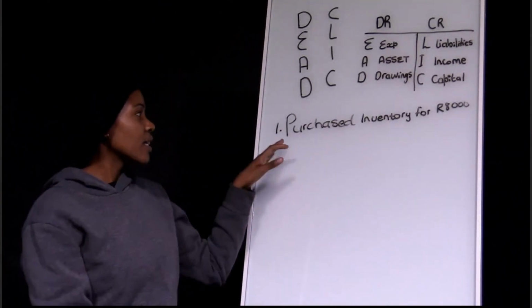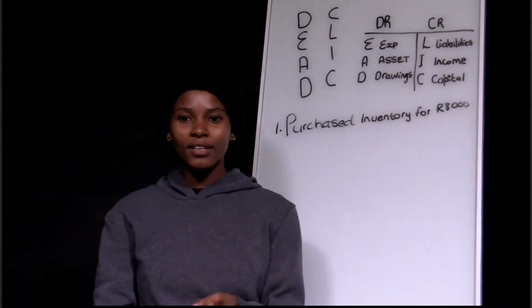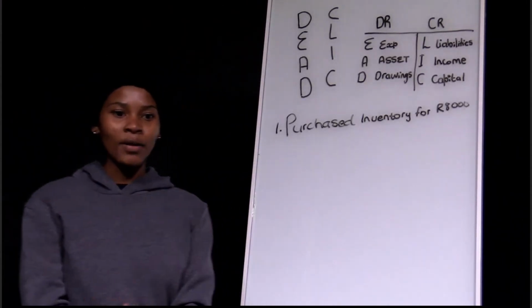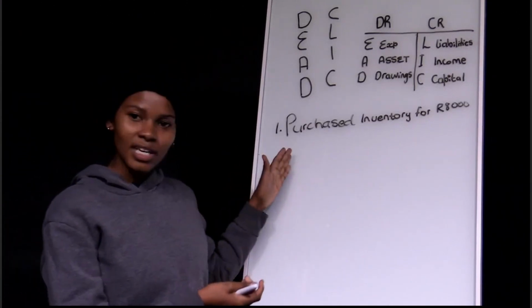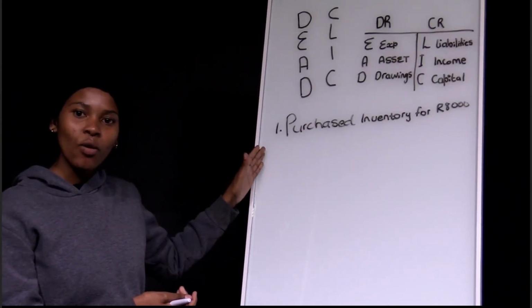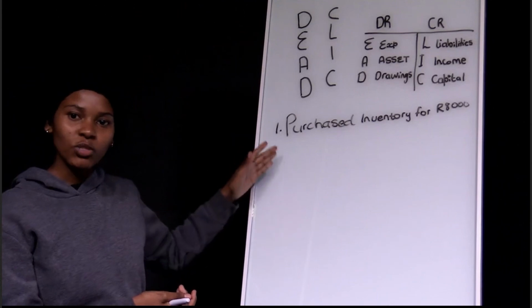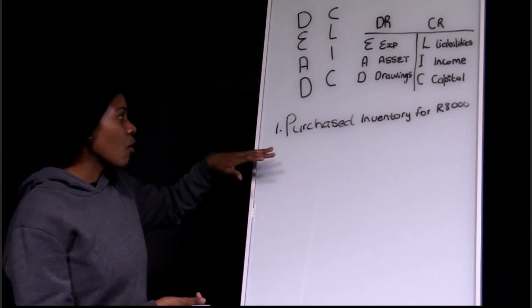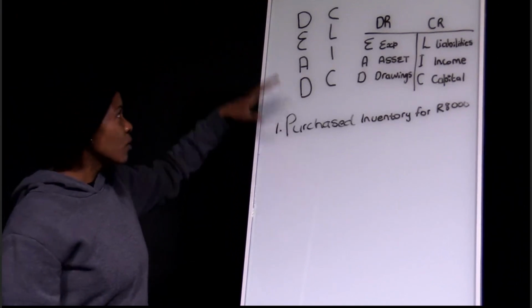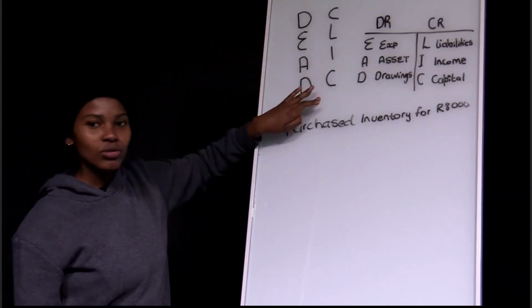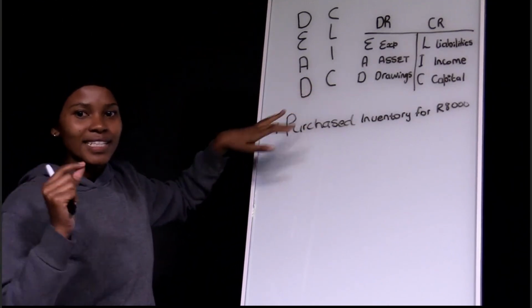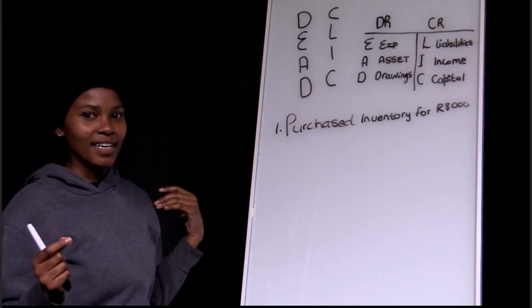So we identify the two accounts, then determine whether the first account is debited or the second one is debited, or the first one is credited or the second one is credited. Then we'll use these abbreviations to determine which element of the financial statement each account falls under.